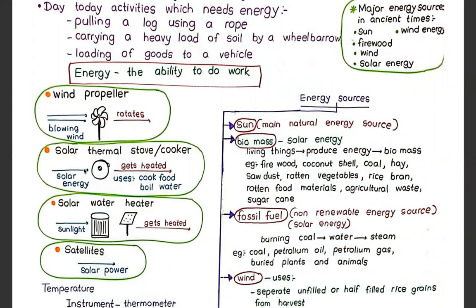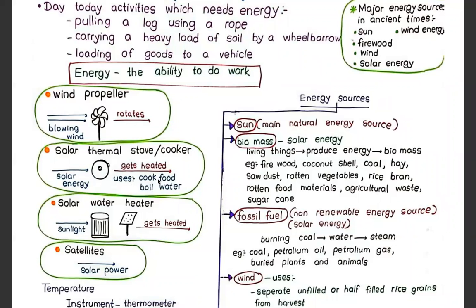In order to make it work, you need sunlight, solar energy, and then it gets heated. After it gets heated, you can use it when cooking food and when boiling water.